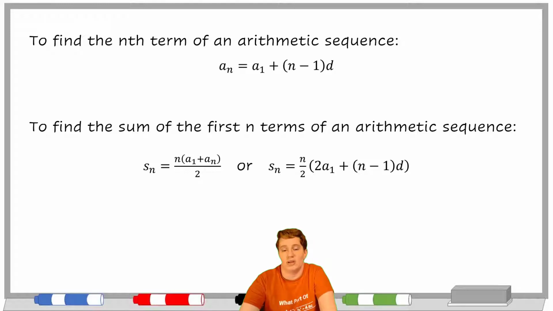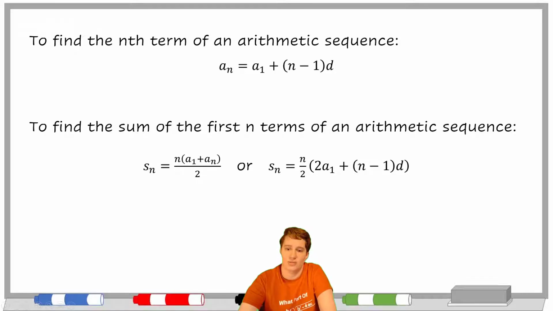So if we're just trying to find the nth term of an arithmetic sequence, we can use this formula up here that uses the first term, and uses how many terms you're trying to get to. You take off 1 from that, times it by the common difference, and then that gives you whatever term you're looking for.